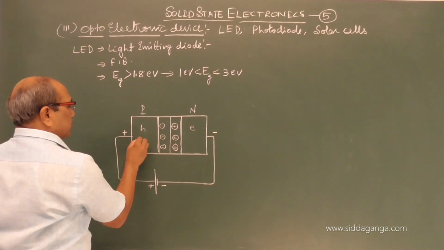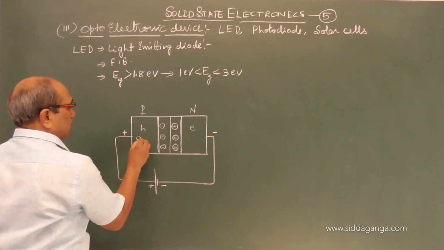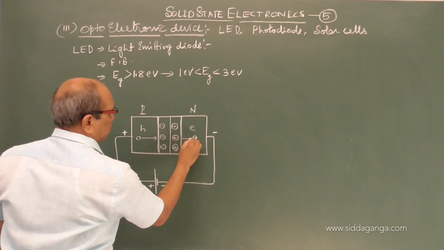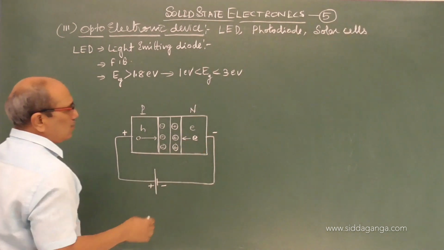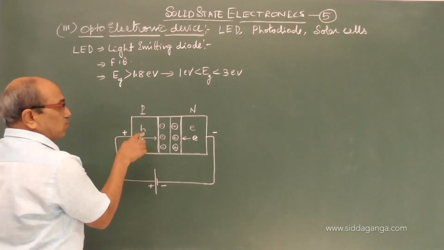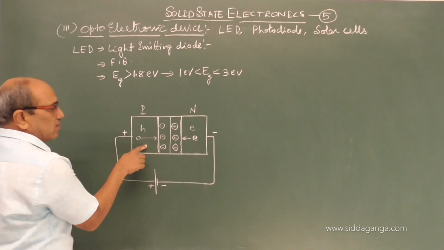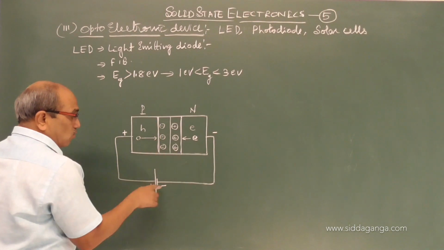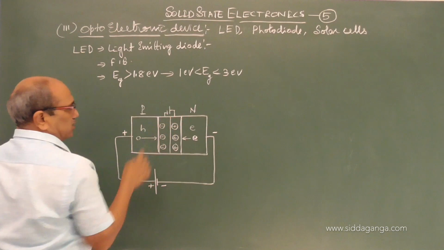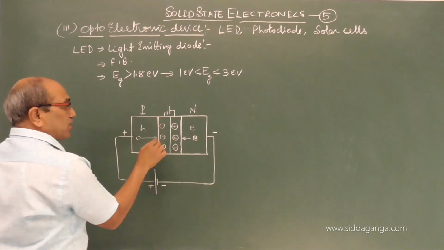As you studied, holes are pushed towards the junction and electrons are pushed towards the junction. The junction is compressing. That means the junction is more energized, and as soon as the voltage supplied becomes more than this junction potential, what happens?